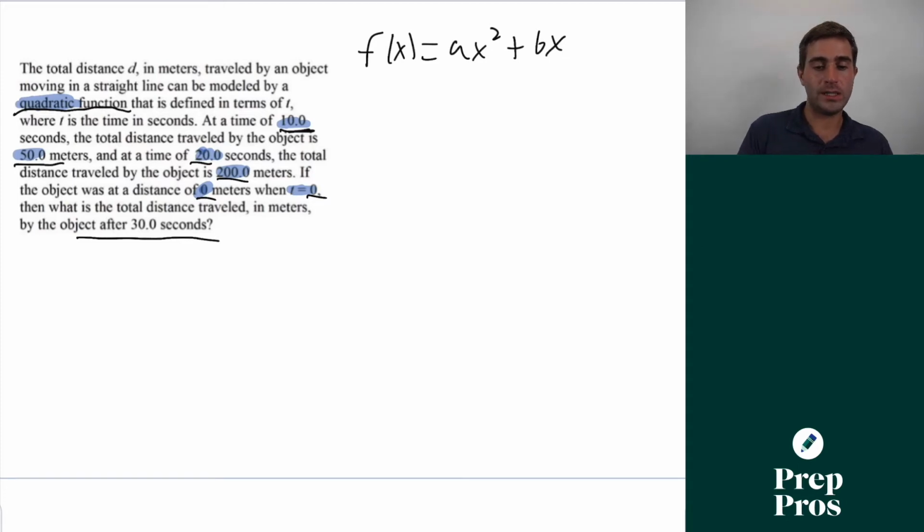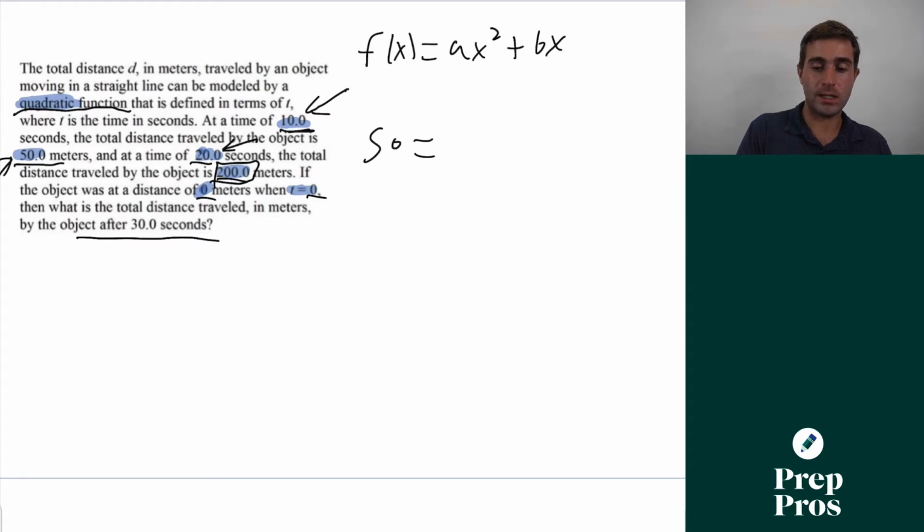And now what we can see is that this is our input here. This is what we're plugging in for x, and this is our output. Once again, input, output in the function. So we can go ahead and write this out as 50, that's our output, equals a times 10 squared, which is 100.